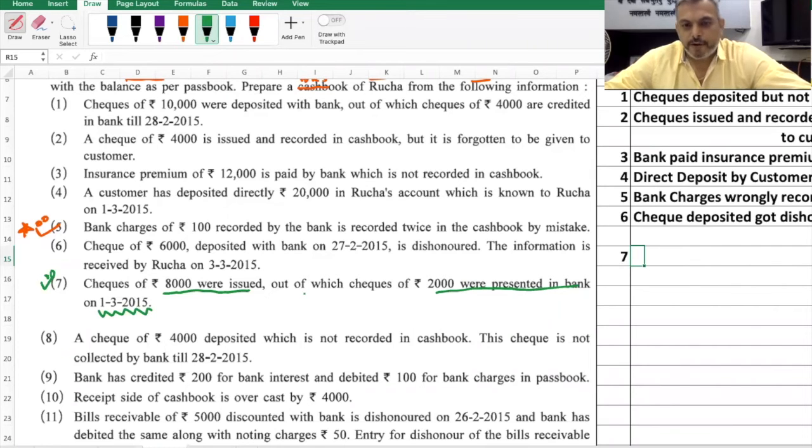Now which side and which amount will come here? Please apply your mind, think, process properly and then give a correct reply. You can scribble.